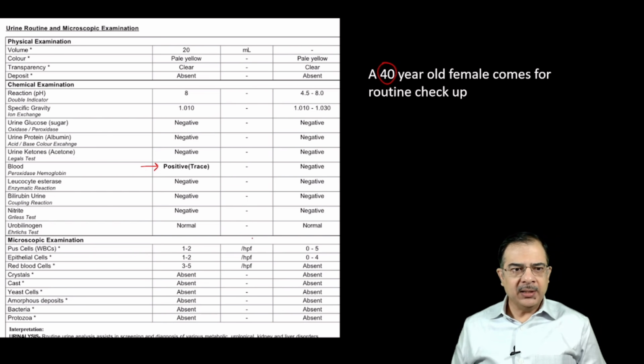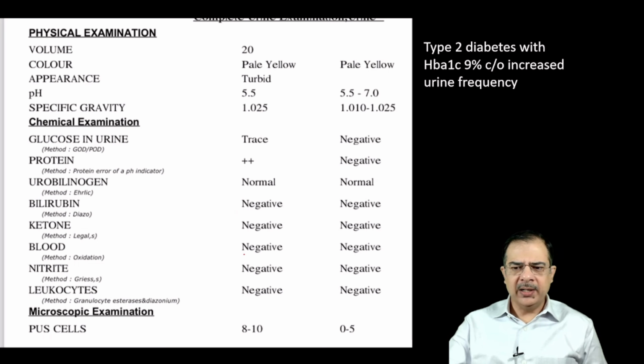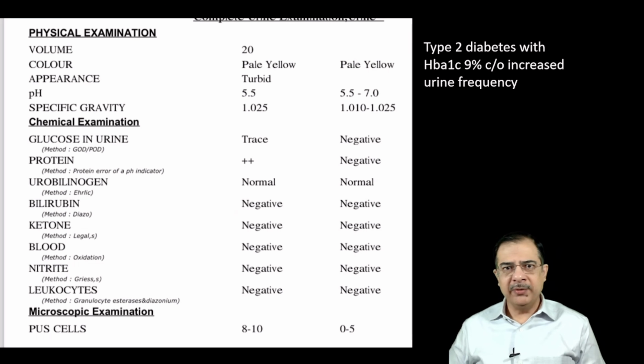And the RBCs were just on the borderline, like 3 to 5 RBCs. Normal RBCs were less than 2 or less than 3. So it could be an effect of the menstrual cycle. Could be a possibility. So we ask the patient history, and then we'll do a repeat in between the menstrual cycles.